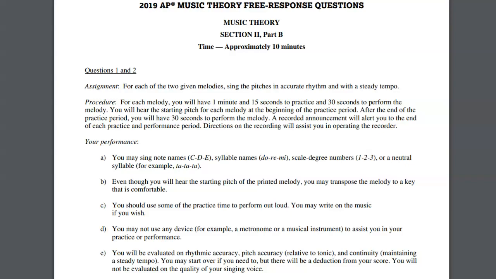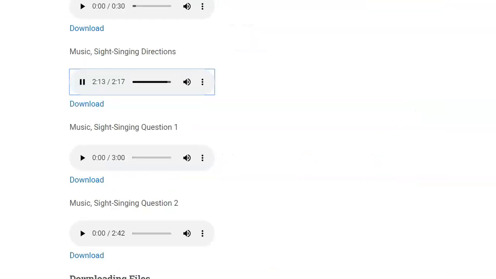D. You may not use any device, for example, a metronome or a musical instrument, to assist you in your practice or performance. E. You will be evaluated on rhythmic accuracy, pitch accuracy relative to tonic, and continuity, maintaining a steady tempo. You may start over if you need to, but there will be a deduction from your score. You will not be evaluated on the quality of your singing voice. End of general directions. The proctor will now press the stop button.